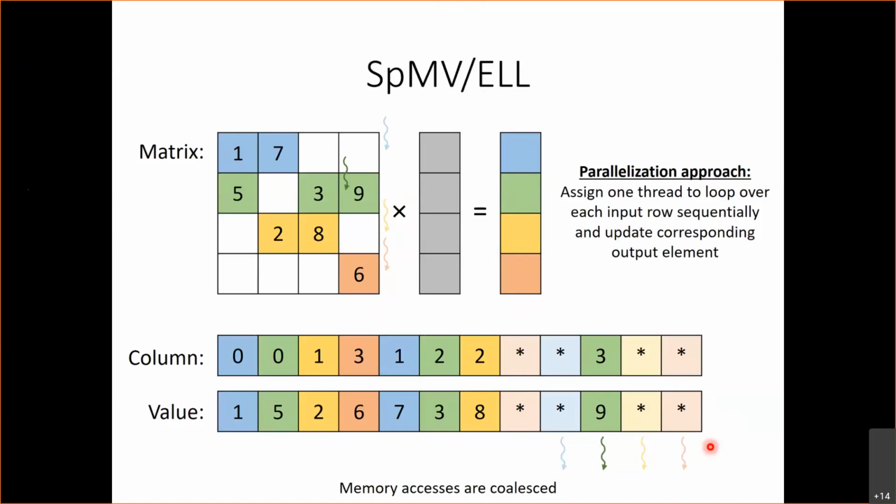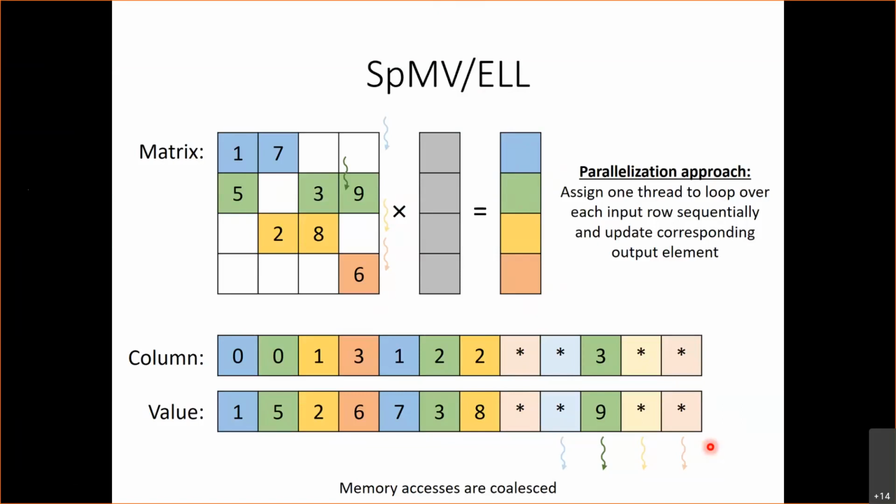Isn't CSR the one where we had a lot of control divergence? Well, the reason we have control divergence in CSR is because every thread processes a different row. Because different rows have different numbers of non-zeros, each thread will have a different number of loop iterations, and that's where the control divergence comes from.